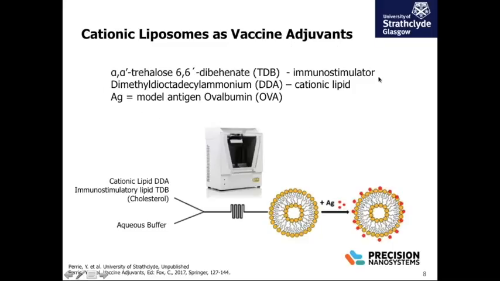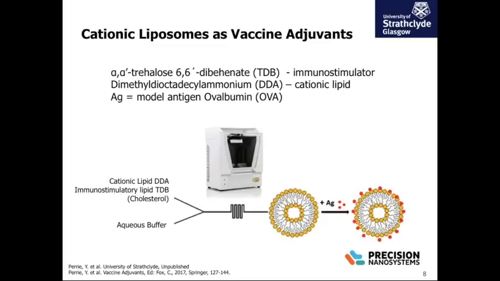And one of the components that Yvonne's group focused on was trehalose dibehenate, in short TDB, which is an immunostimulator. TDB is actually a lipid-like material, but TDB cannot be formulated into a liposome by itself because it immediately aggregates. It's pretty fussy.